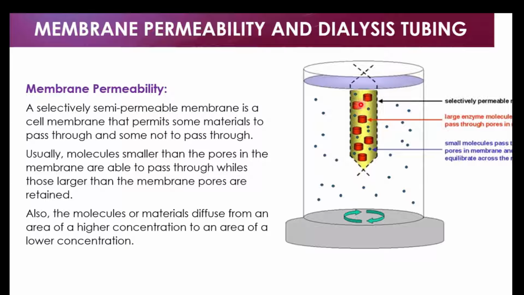As we can see, this molecule has a higher molecular weight than this molecule over here. And what you have to note is that the larger molecular weight molecules are not able to pass through the pores of the membrane, therefore are retained in the dialysis tube after dialysis.